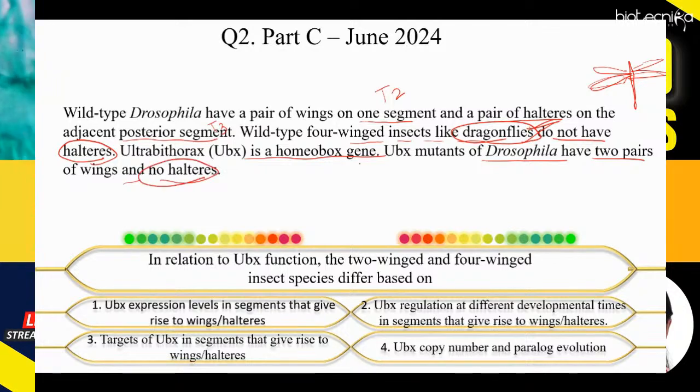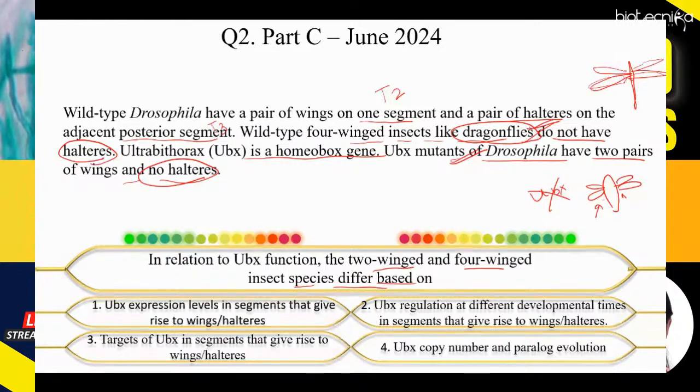In fact, for UBX mutants, ultrabithorax, for the same reason I mentioned, if the UBX mutant is there, then you will develop two pairs of wings in Drosophila as well. So in relation to UBX function, the two-winged and four-winged insect species differ based on what? What is the reason that their function differs?